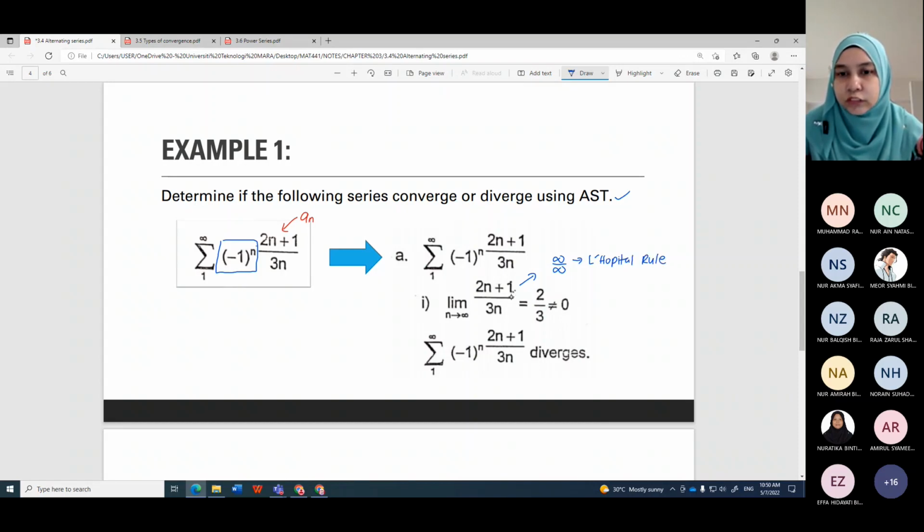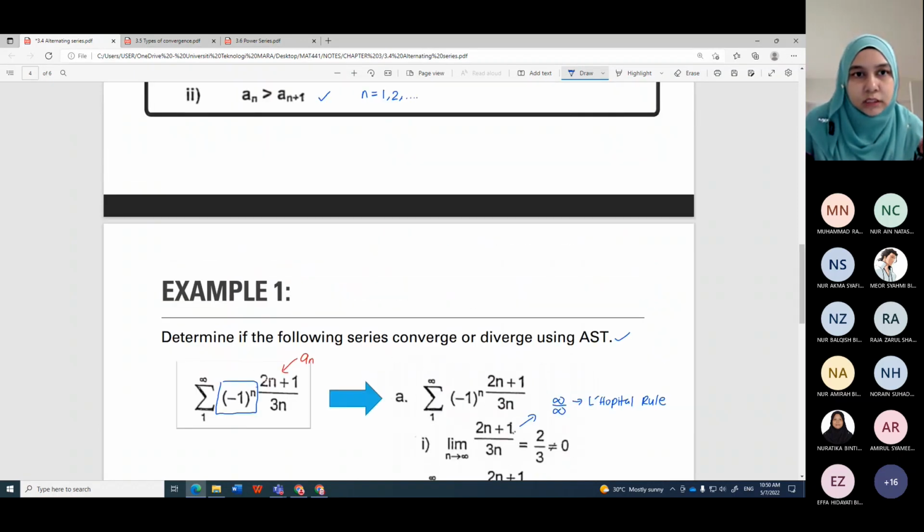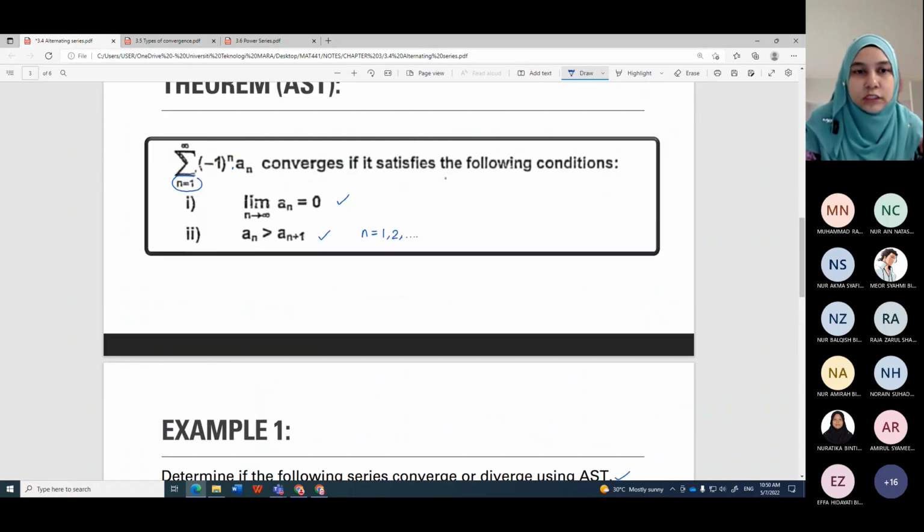We differentiate 2n plus 1 with respect to n, which is equal to 2, and then differentiate the denominator 3n with respect to n, which is equal to 3. So 2 over 3 is not equal to 0. The theorem says the series converges if the first condition, limit of a sub n, is equal to 0.